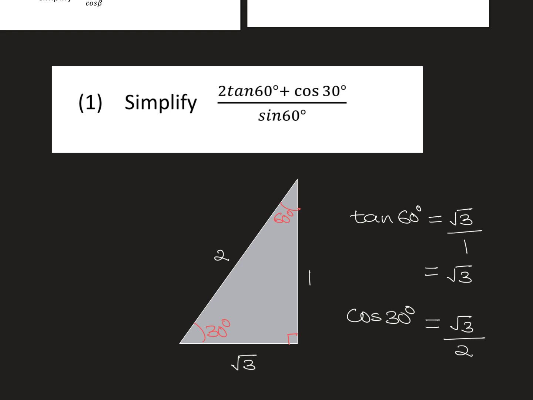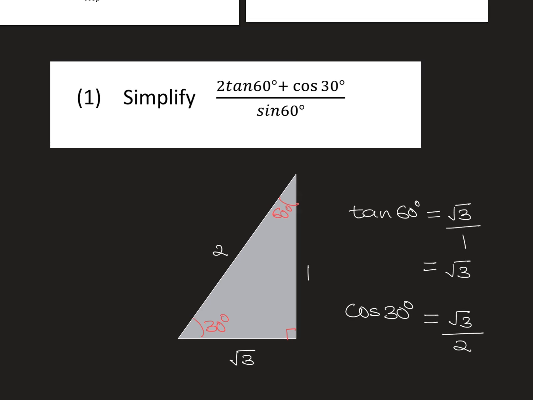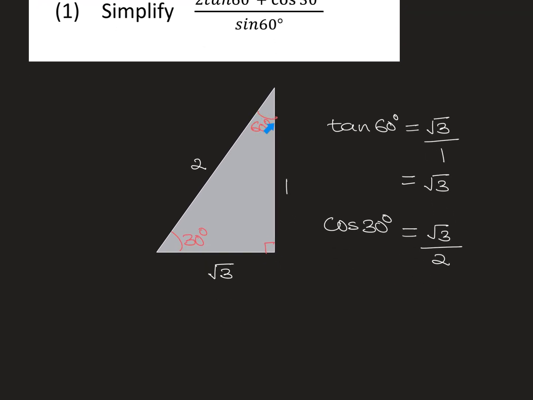Now let's determine the value of sine 60 degrees. So this is the angle. Sine of 60 degrees is opposite divided by hypotenuse.